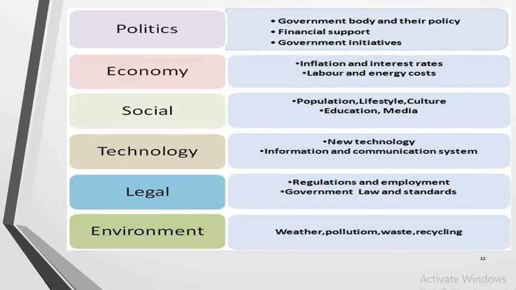All the factors that influence the business by the government can be classified here, such as the tax policies, tariffs, laws, trade controls, and import restrictions, and all those things that are under government control, and government bodies and their policies, their financial support to the organizations or the business community, and the government initiatives that they may take for the business community or the businesses.